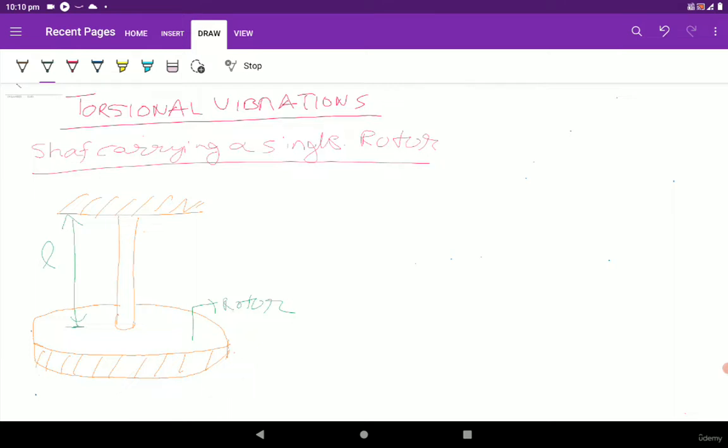When we rotate it with some angle theta, we are going to get an inertial force, that is I theta double dot, and also a restoring torque. In this condition, we are going to assume that the shaft is massless.